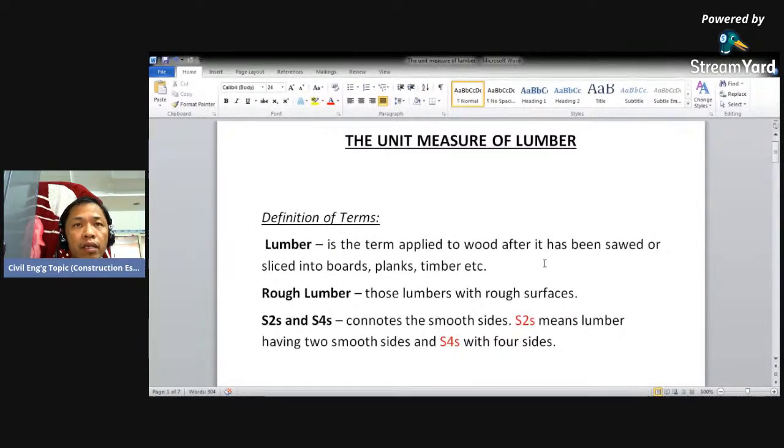So hindi na po siya tawagin nating wood, but it is a lumber. Okay?